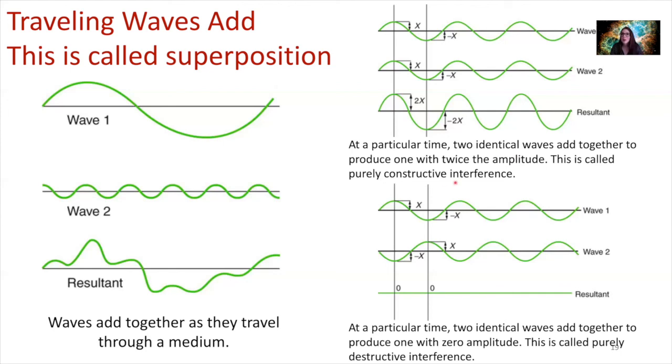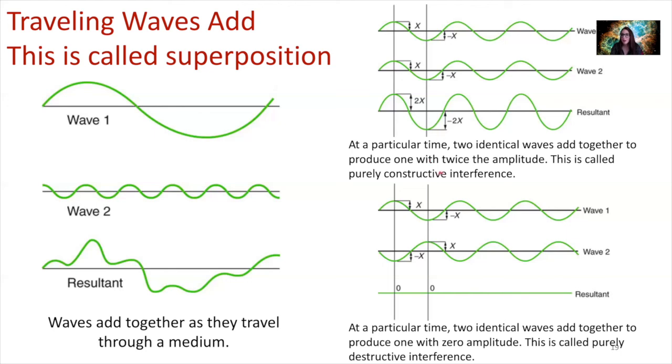So this is called purely constructive interference. Purely constructive interference is when identical waves encounter each other and they add up, and their maximum amplitudes add up to be twice their original amplitudes, okay? And so any place where we had a zero quantity, we still have a zero quantity in the resultant.